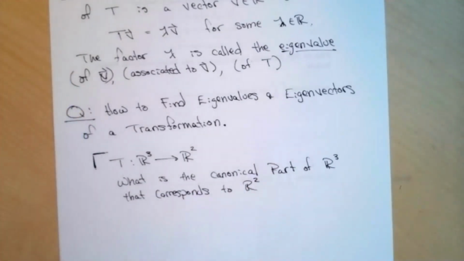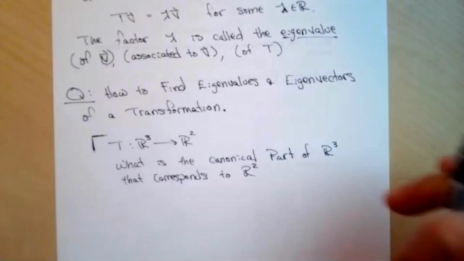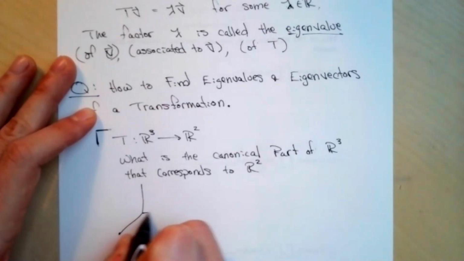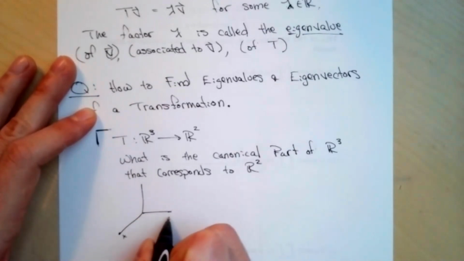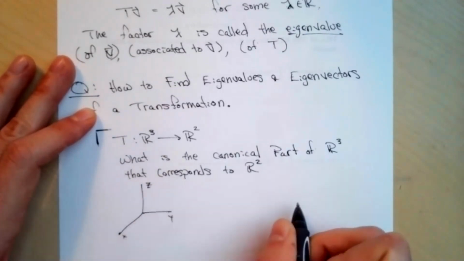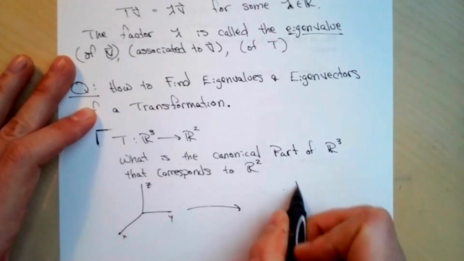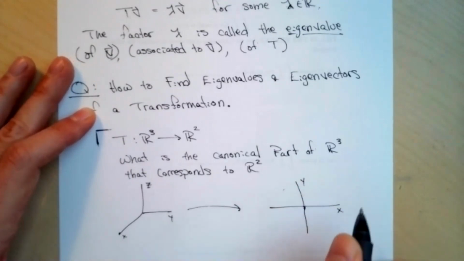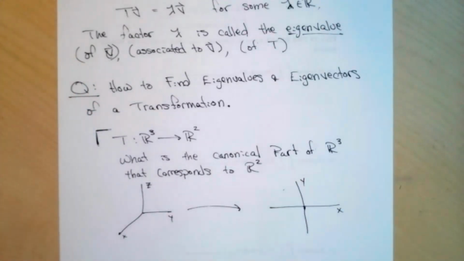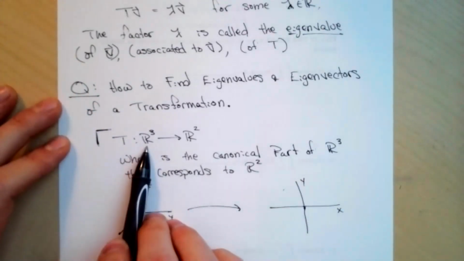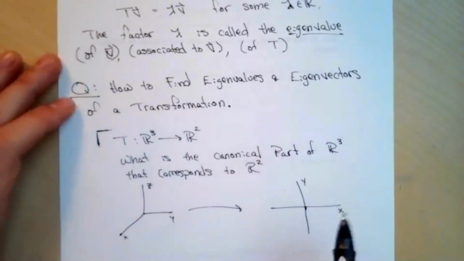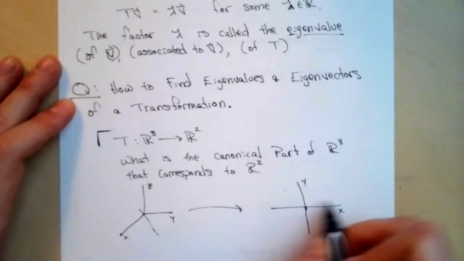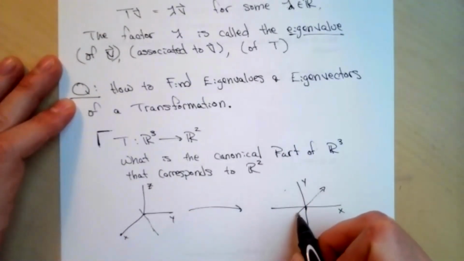And there really isn't one unless you define it in some way a priori. You would have R3 and your transformation would go to R2. The only subspaces of R3 that could really be preserved, well, you might consider lines in the XY plane that then map to the same line.